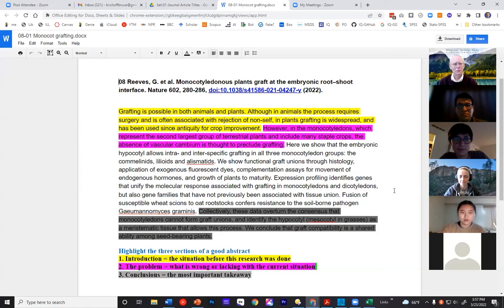And then we thought that their conclusions were these last two sentences, where it talks about how their data overturns the consensus that monocotyledons can't form graft unions, and then that they concluded that graft compatibility is a shared ability among seed-bearing plants.